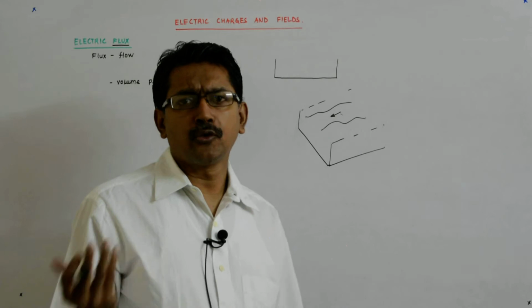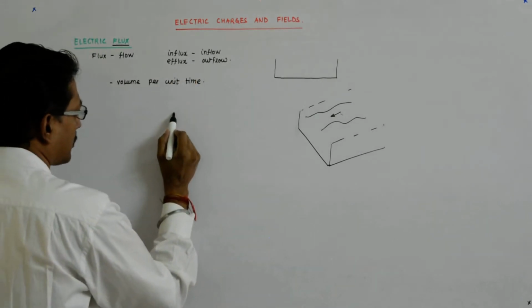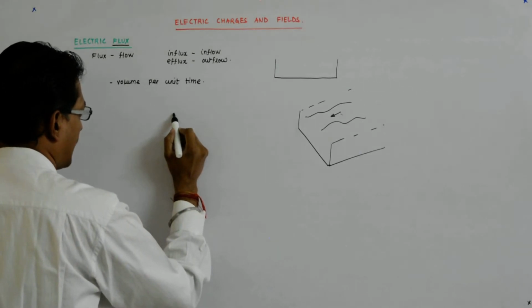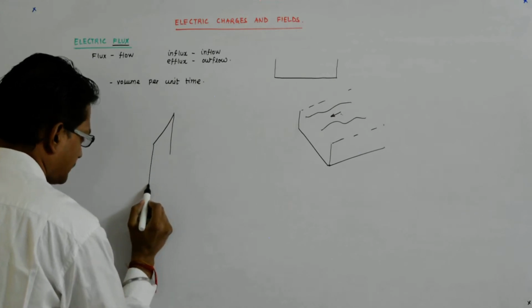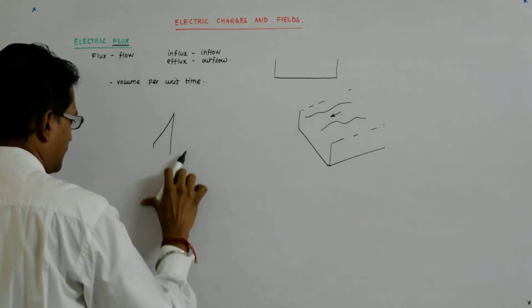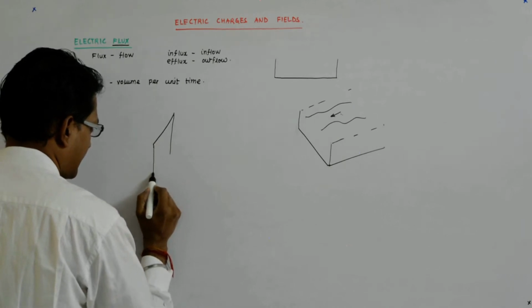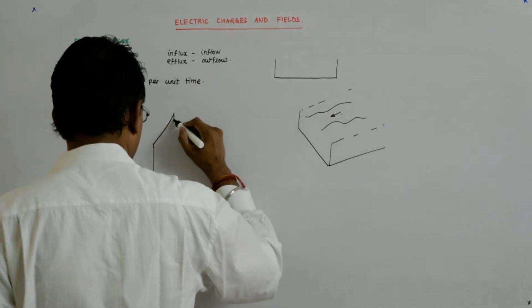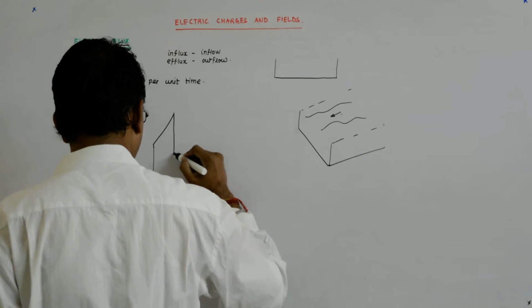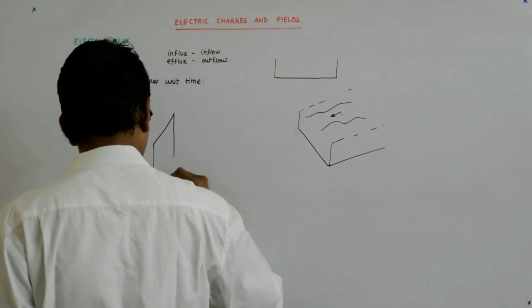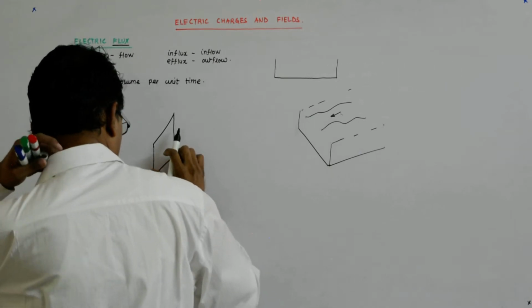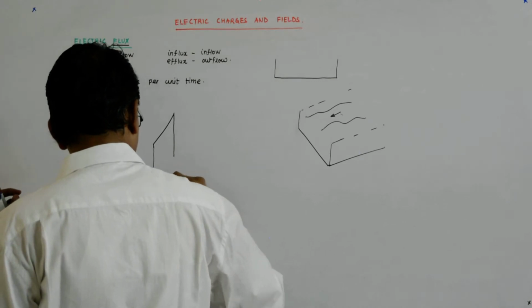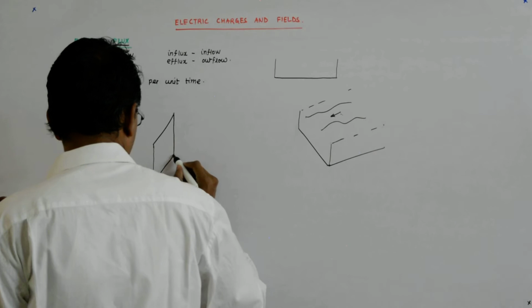Now how do I calculate it? So let us try to understand. Say I have a cross-sectional area like this.